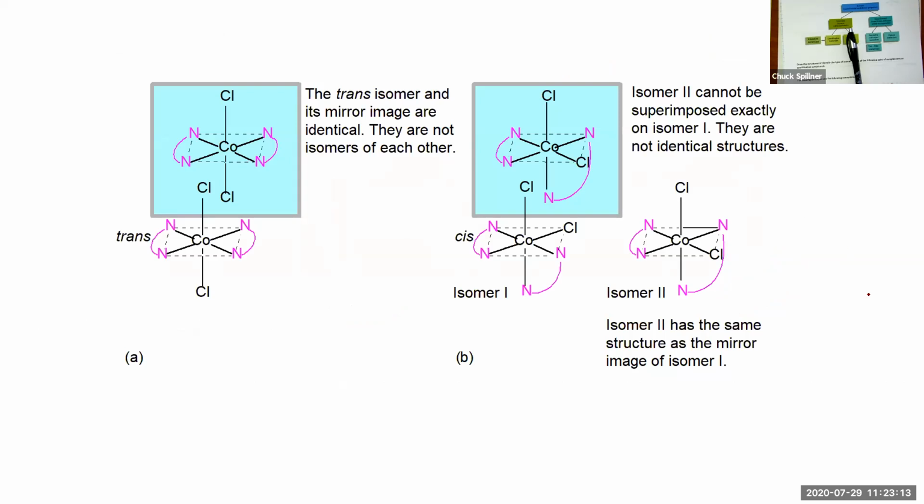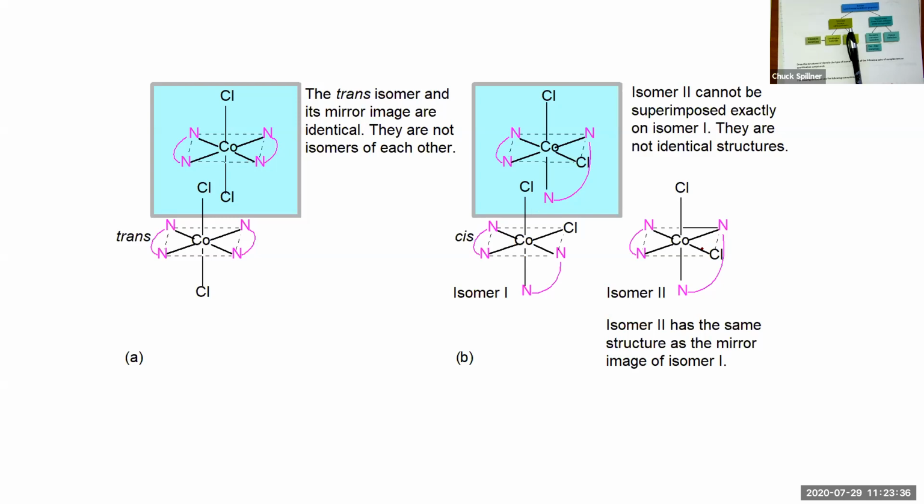So here's another way to look at it, just another structure. On the left is the trans, and the mirror image of the trans. You can just plop one on top of the other. It's identical. Then there's isomer 1 and the mirror image of isomer 1.